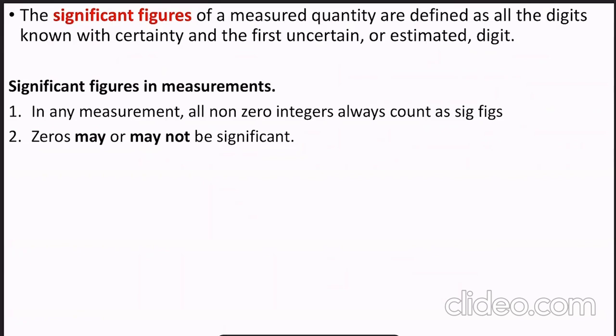Anytime we have that, we count each value up, and that gives us the total number of significant figures. We might call it sig figs or significant digits. It's all the same. So if I write the value 1,356, I don't have any zeros here, so I count 1, 2, 3, 4, and there are 4 significant figures in this number.